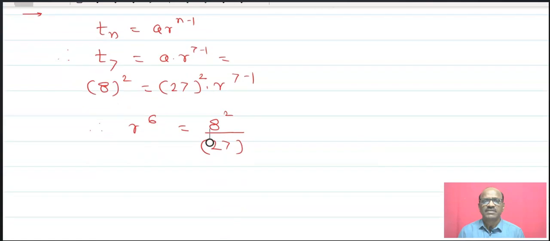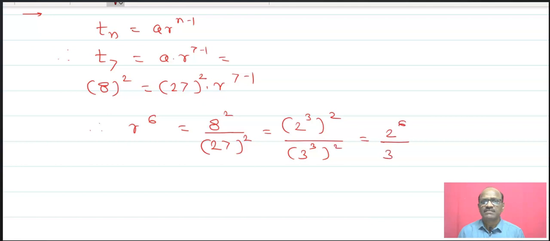Now see this value. Now we can write this, the value of 8 means what? (2 raised to 3) square and (3 raised to 3) square. Therefore you will get 2 raised to 6 upon 3 raised to 6.